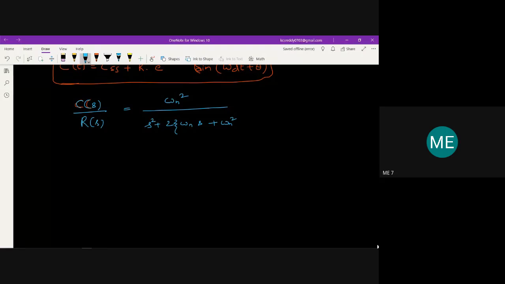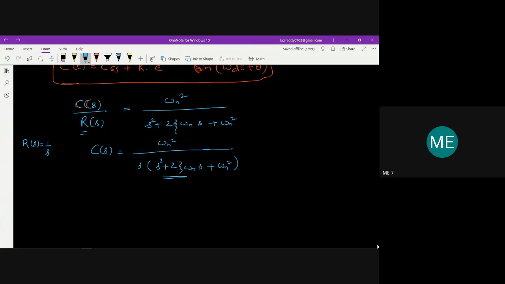As I have taken the unit step input, R of S will become 1 by S. Taking that to the other side, I'll get C of S is equal to omega n square divided by S into S square plus 2 zeta omega n into S plus omega n square. Once you get this equation, I'll go for getting the roots of this particular equation.